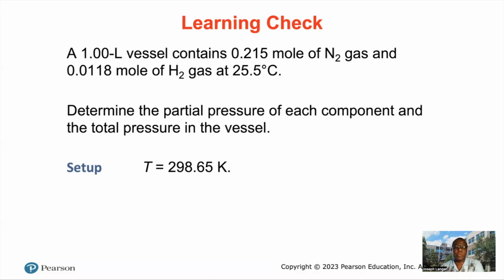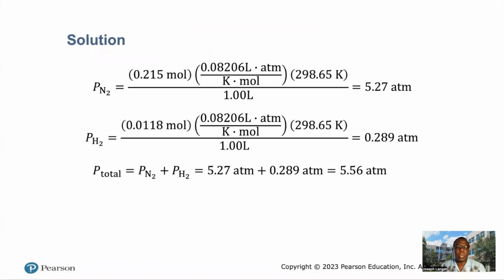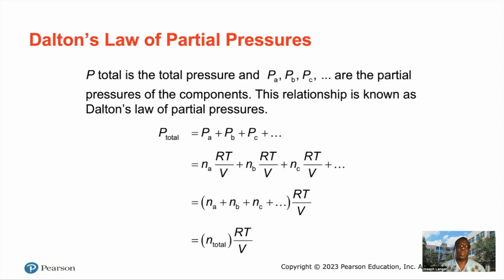At 25 degrees Celsius, always remember to change the temperature to Kelvin, and find the partial pressure for each one of them from the number of moles, P nitrogen and P hydrogen. And you can be asked to find the total. So the essence is to find the pressure, which we can get by plugging into the equation.